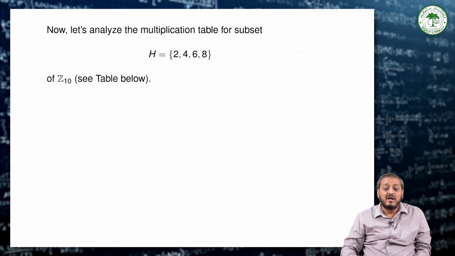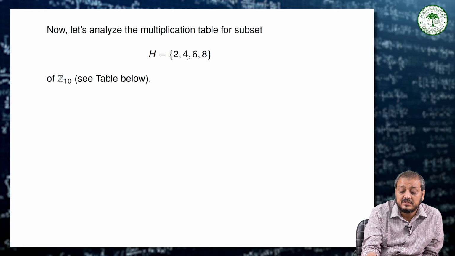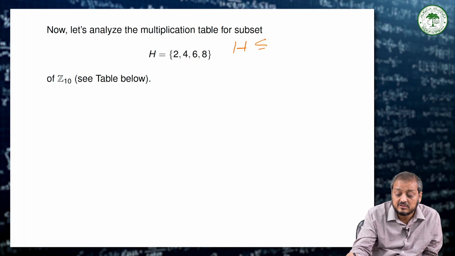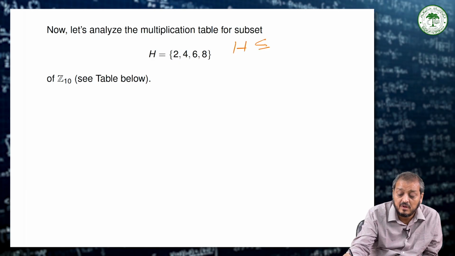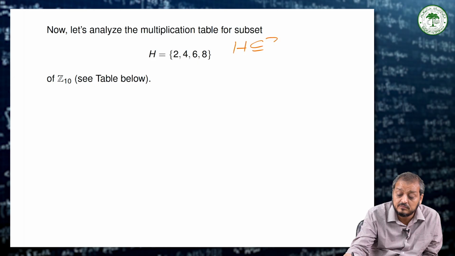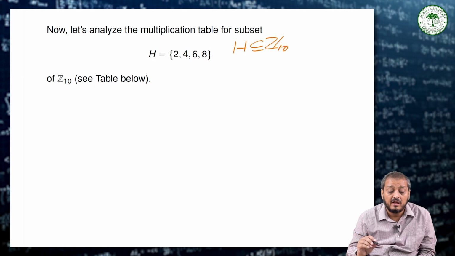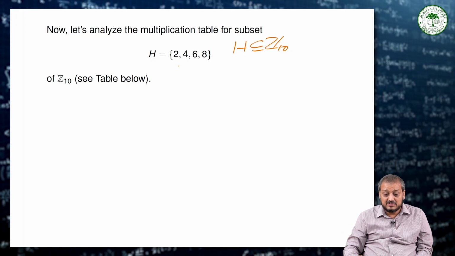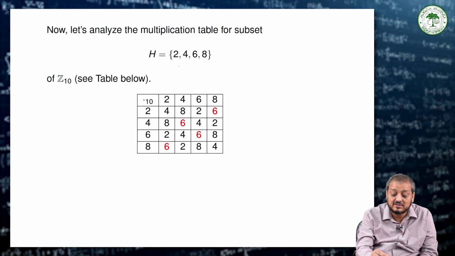If we take the subset H of 2, 4, 6 and 8, then clearly H is a subset of Z10. Now we look at this subset of Z10 through this table.